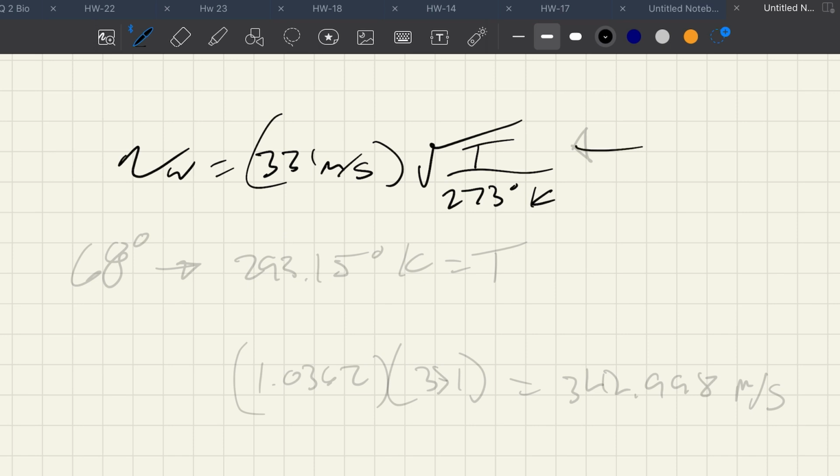Now, plugging in our found value for the temperature of our room, we can determine what the speed of sound is in the room. So we take 68 degrees is what we measured, and we convert that to Kelvin, which is 293.15 degrees Kelvin, and we plug that in for T.